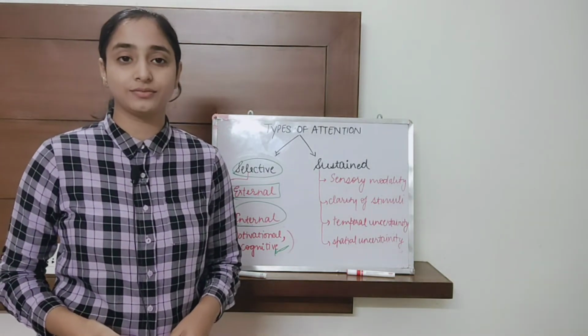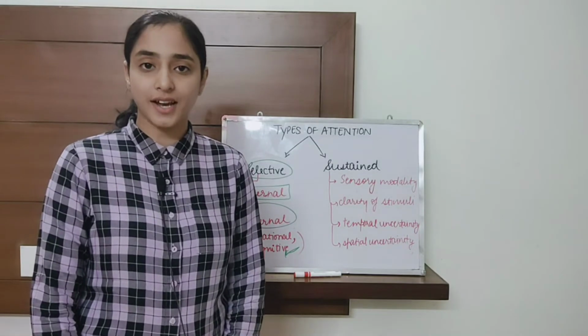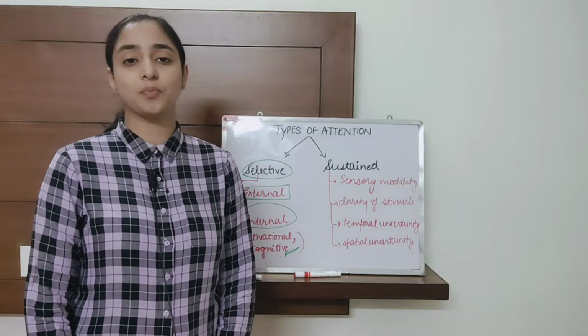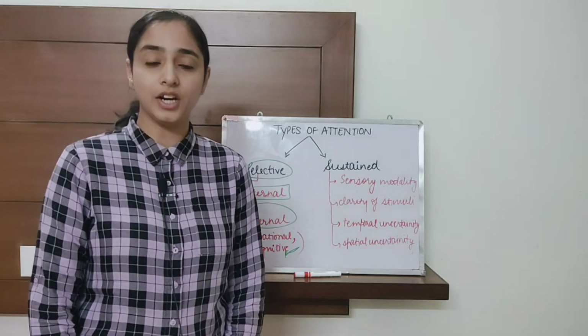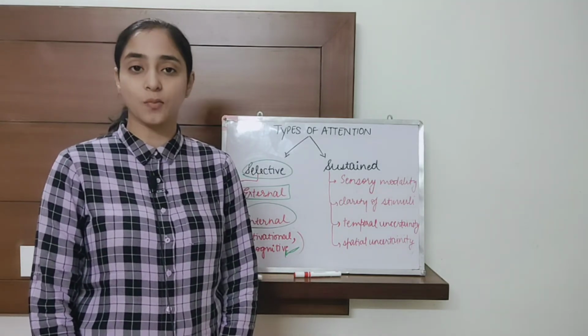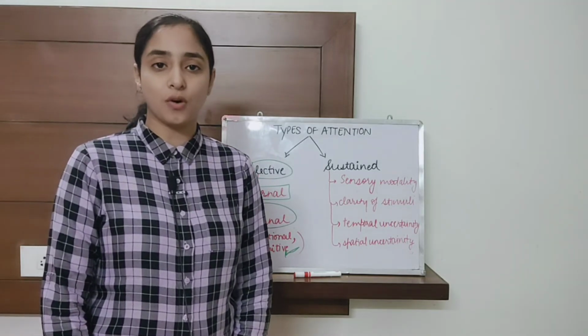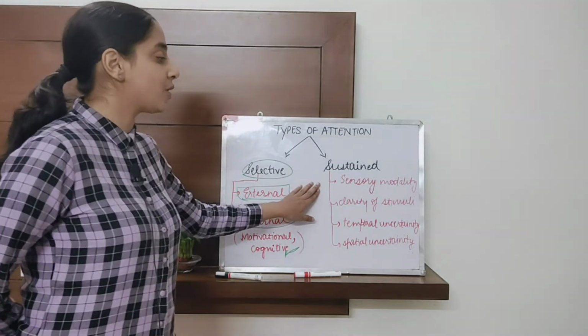Now the second type of attention is sustained attention. Sustained attention basically refers to our ability to concentrate on a particular stimulus for a longer duration. The factors that it depends on are, first, sensory modality.